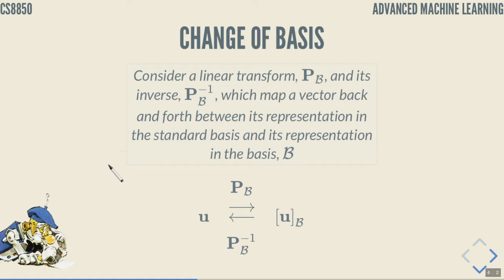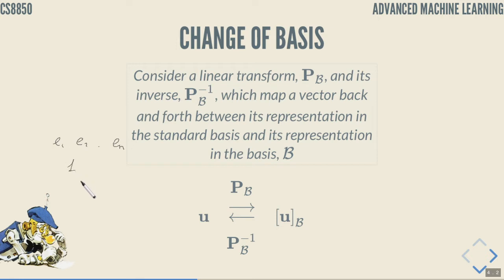So you have U, which is represented in the standard basis, which is nothing but E1, E2, and so on for the dimension of the vector.